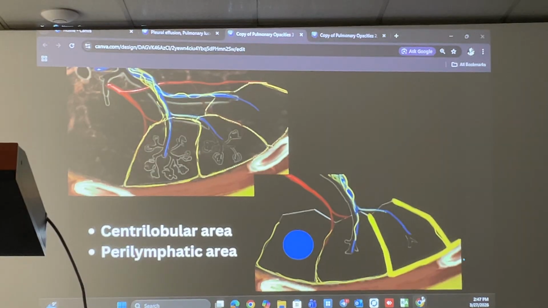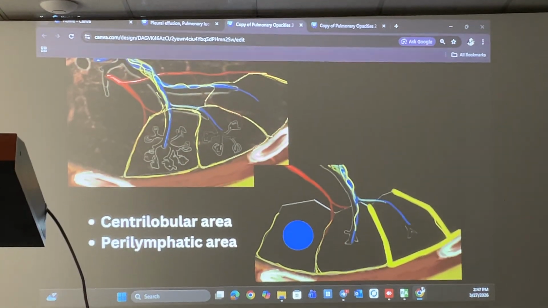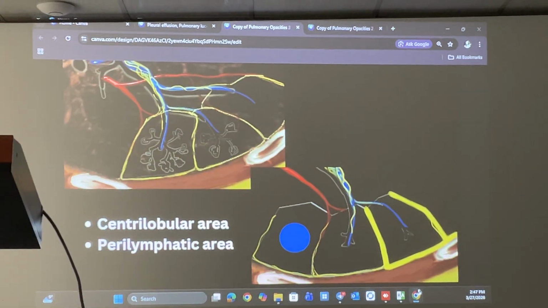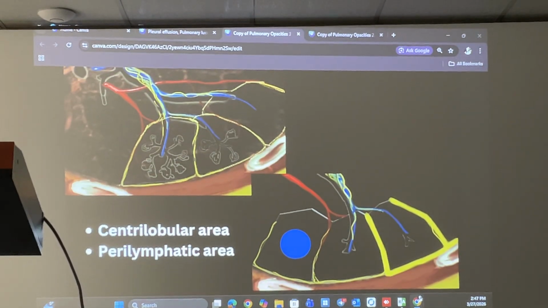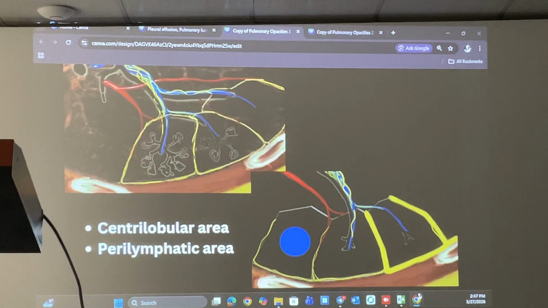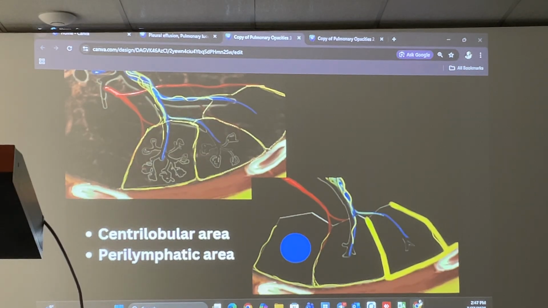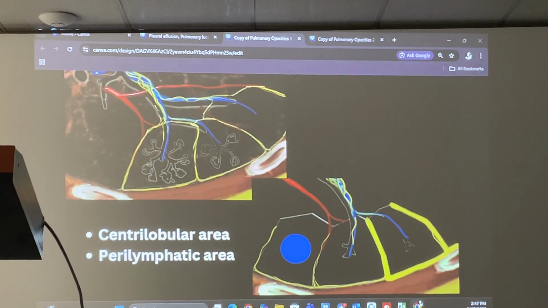So the centrilobular area is the central part of the secondary pulmonary lobule, and it is usually the site of disease that enters the lung through the airways. It can be either hypersensitivity pneumonitis, respiratory bronchiolitis, centrilobular emphysema, or so on.